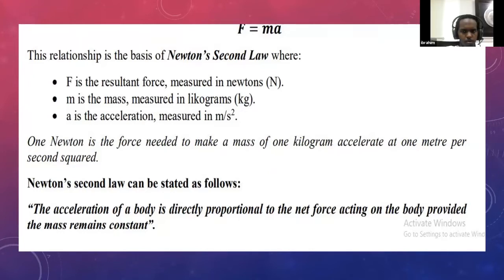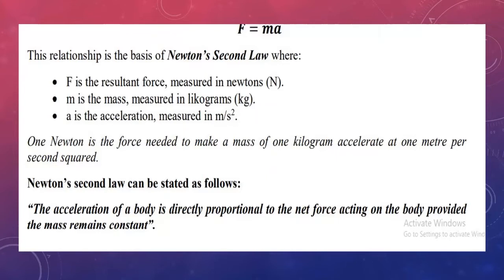Today we'll make a revision about the forces, balanced force and unbalanced force, and start with Newton's second law. The mathematical formula of Newton's second law is F equal ma.